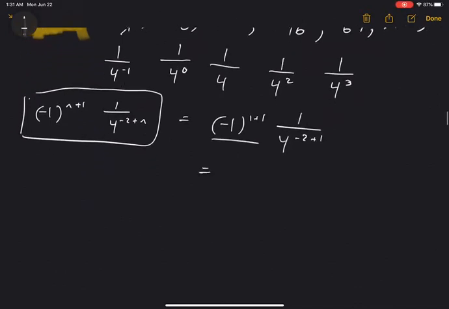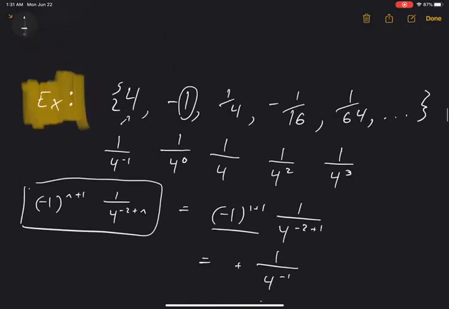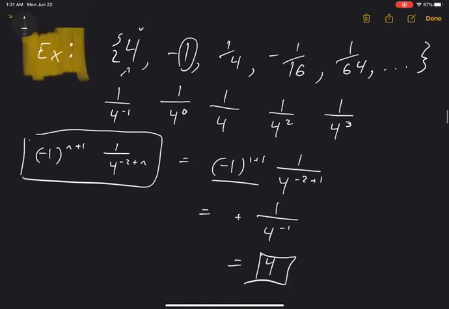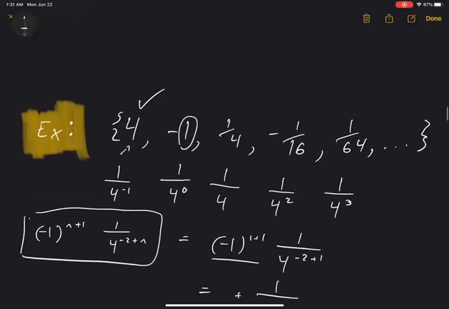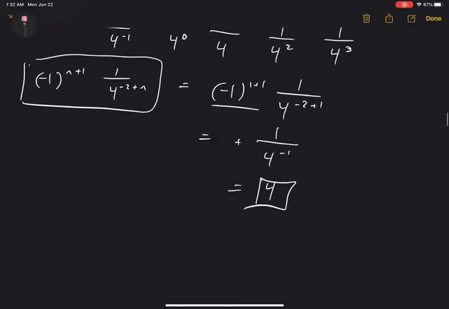Simplifying, that'd be positive, then 1/4 to the -1, which is 4. So that matches up with my sequence. I get a positive 4. If I plugged in 2, I'd get -1, which matches with what I want, and so on. So it looks like my formula is correct.